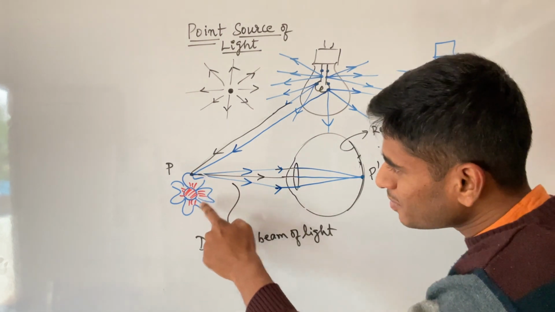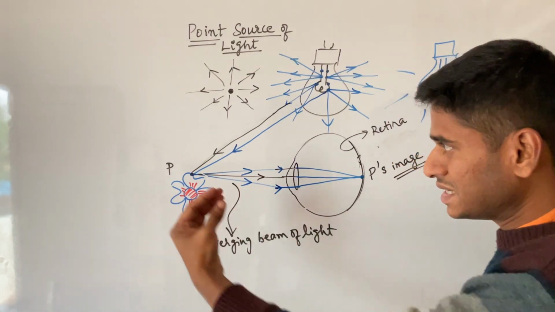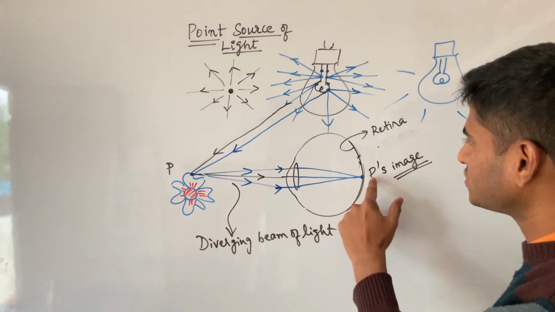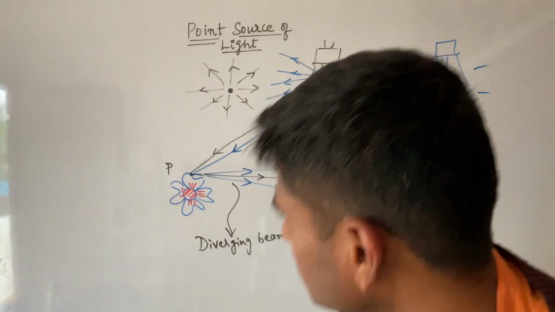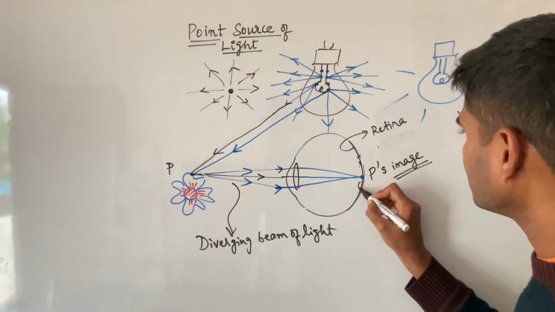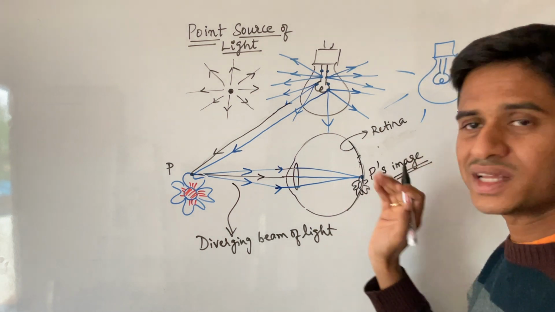Similarly, from every point on the flower, the diverging rays are coming and its image or impression is formed on the retina. And finally what happens is so amazing: the entire flower's image is formed on the retina.